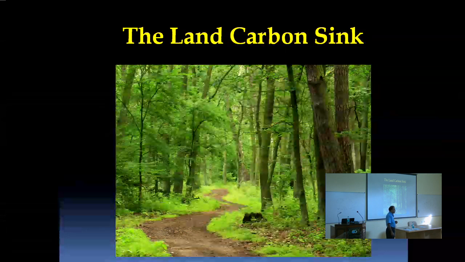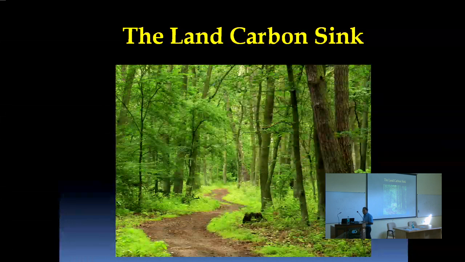There was a schematic. Anyway, 500 gigaton is in the biomass, and the remaining nearly 3/4 of that 2,000, that is 1,500 gigaton, is in the soil. So the forest soil typically tends to have more carbon than the living biomass.